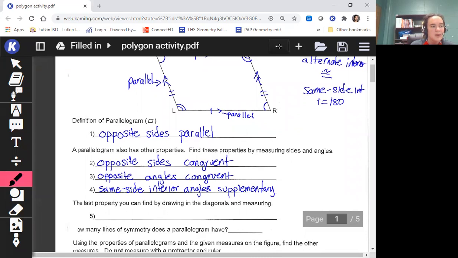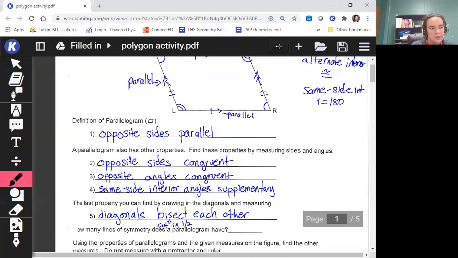And then our last property is about our diagonals. You'd have to draw them in and then measure the two separate parts. And it's that they bisect each other. Now remember that bisect means it cuts in half.